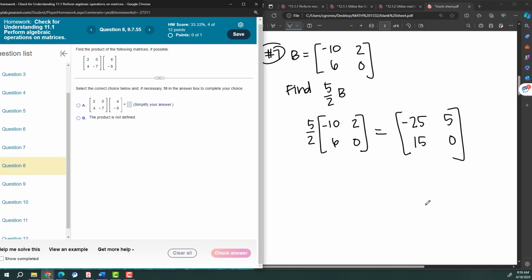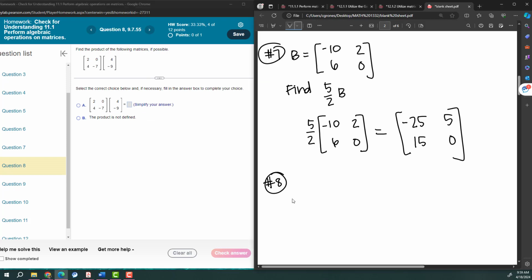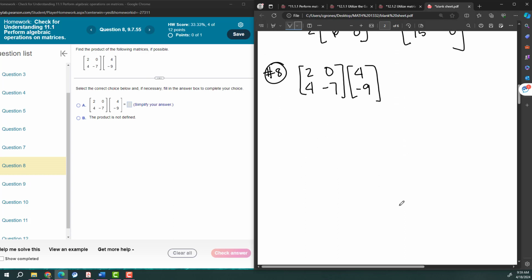All right, number 8. We are going to multiply. So remember the rules when we are multiplying the matrices. We have to look at their dimensions. So this is going to be a 2 by 2, and this is a 2 by 1.